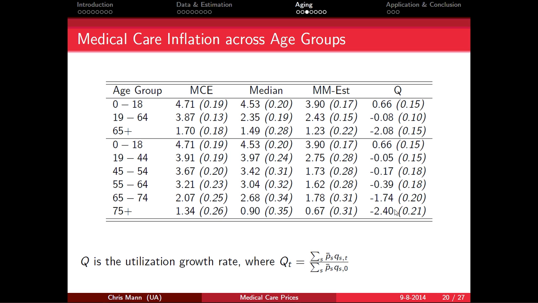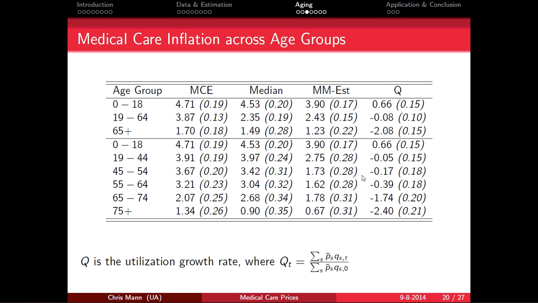Now, I've also included on this final column the growth rate in utilization, right? And so I have that listed at the bottom where I've actually defined Q using the quantity Paasche index, where price is held constant for each type of service, and then I allow Q to change, right? So I'm looking at how the weighted quantity for each service type is changing, right?